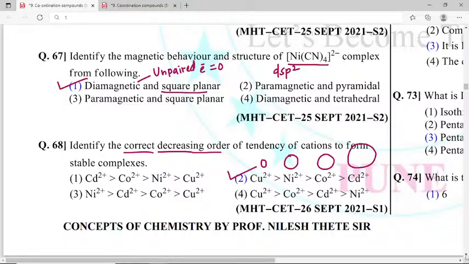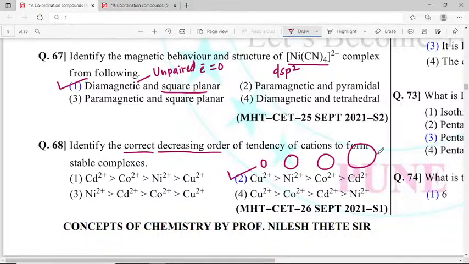So size is very important. As the atomic size increases, stability decreases. Very important. Copper, nickel, cobalt, cadmium. Cadmium is a 4d group member. So it has a larger size as compared to copper, nickel, cobalt.